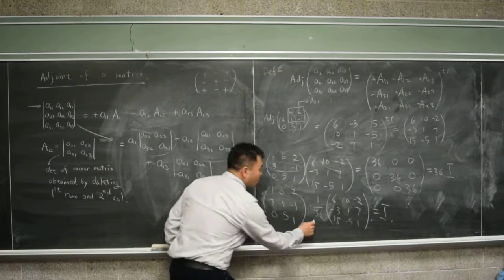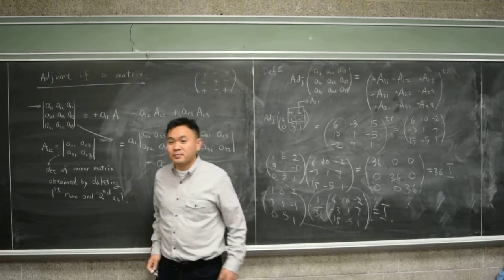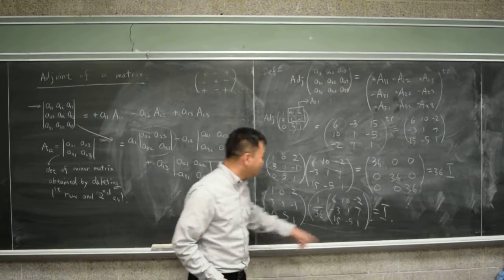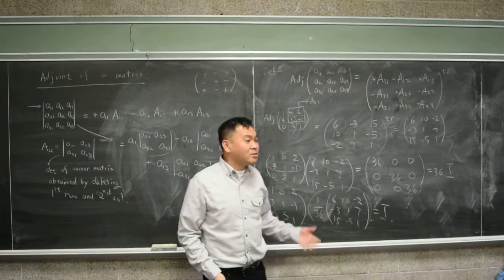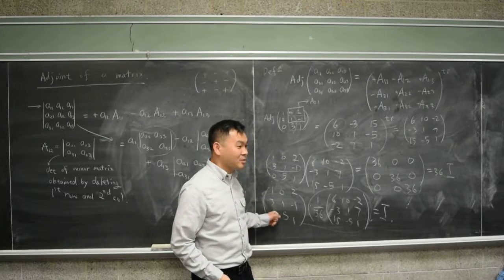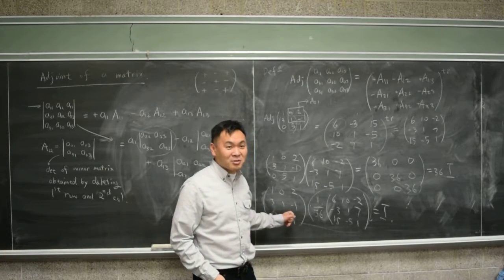Okay, so what can we say about this? What should we call this thing? No, this is the identity matrix. The inverse? It's the inverse of what? This matrix. Alright? Do you see how this thing works?